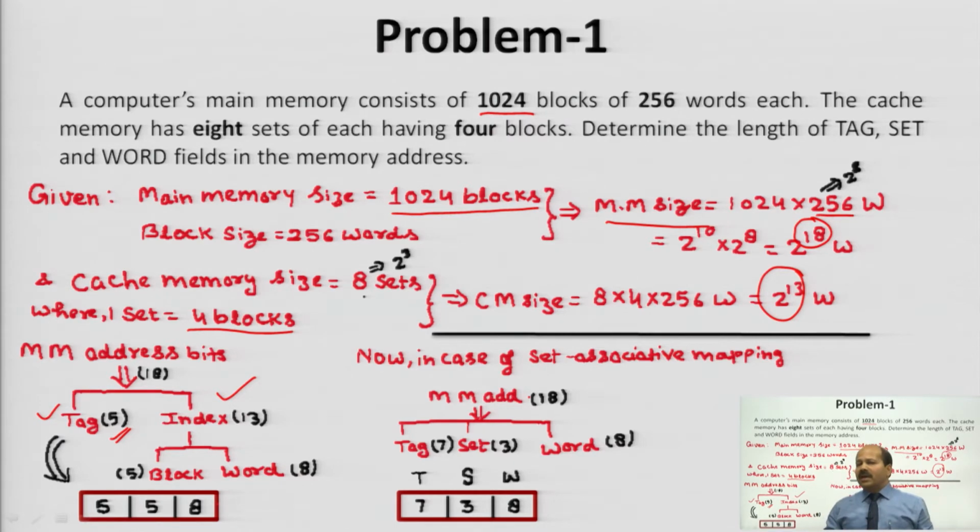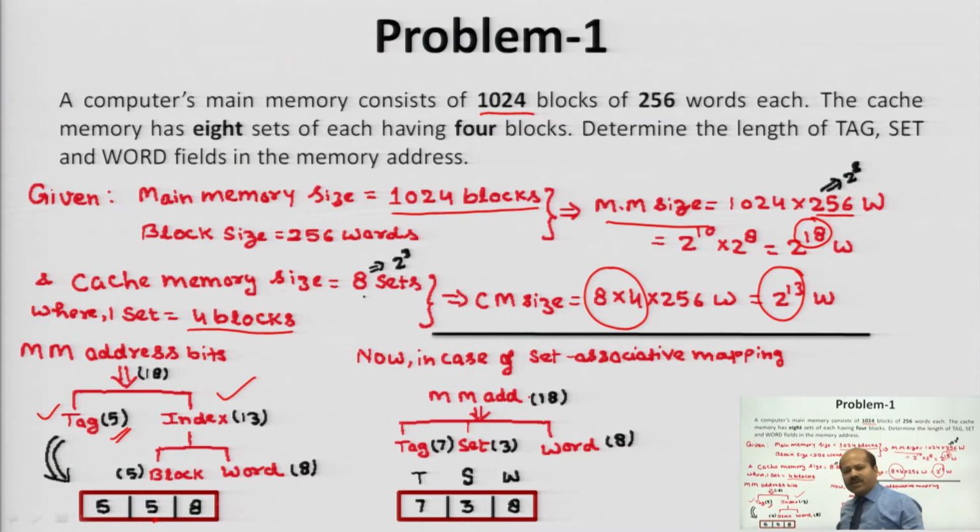Now, in case of set associative mapping or direct mapping, the index is further divided into blocks and words. So, how many blocks are there in cache memory? There are 32 blocks, because there are 8 sets and in each set there are 4 blocks. So, 32 blocks are there in the cache memory. That is why it comes as 5.